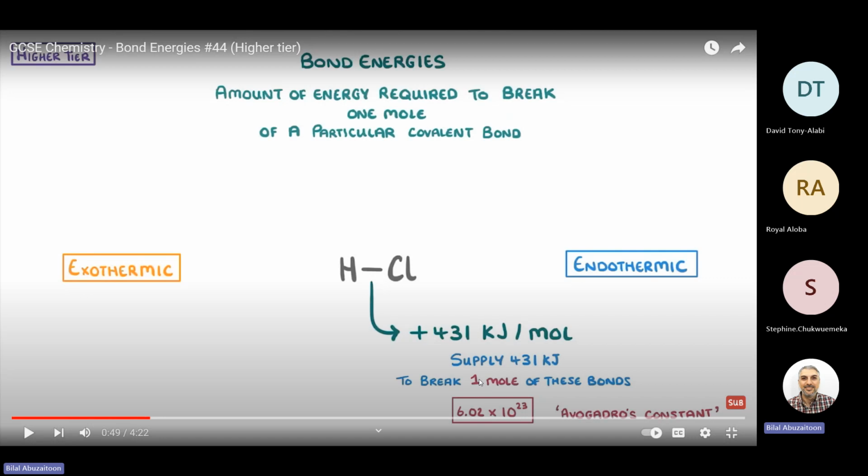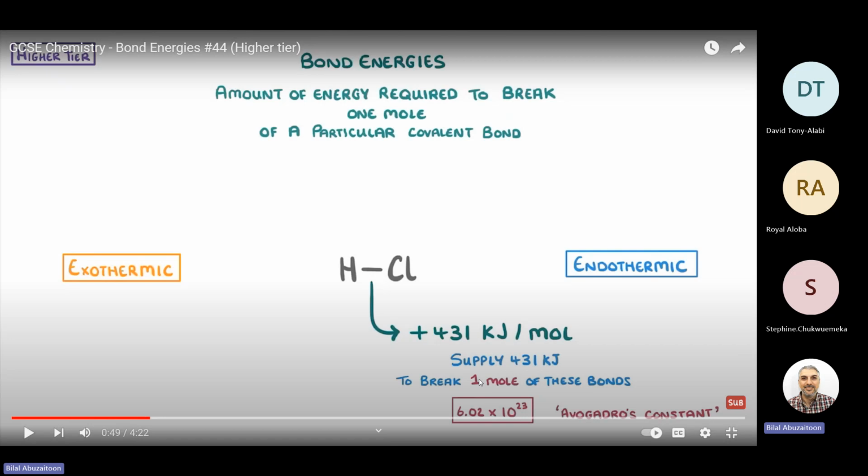So to break a bond, you need energy, and in this case, HCl needs 431 kilojoules per mole, which means Avogadro's number of HCl bonds. If you have 6.02 times 10 to the power of 23 HCl bonds, you need 431 kilojoules to break all these bonds. You can find the energy per one bond by dividing this amount of energy by Avogadro's number, and then you get the amount of energy needed for one bond.